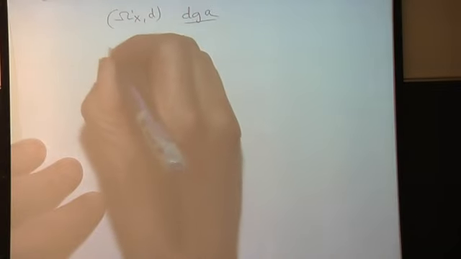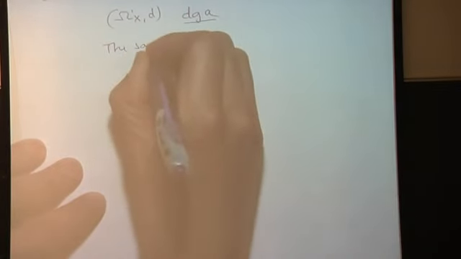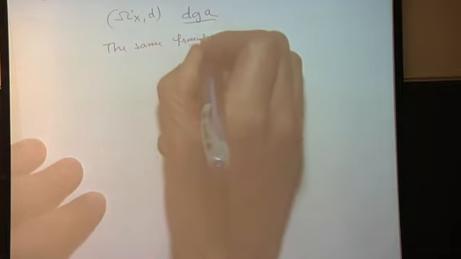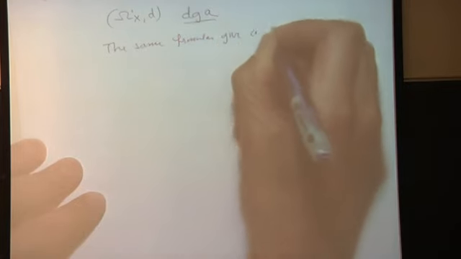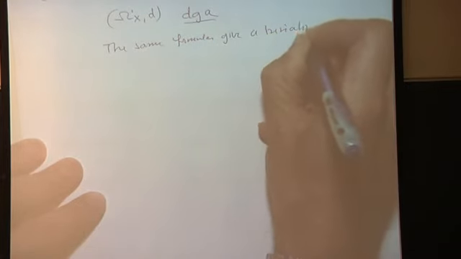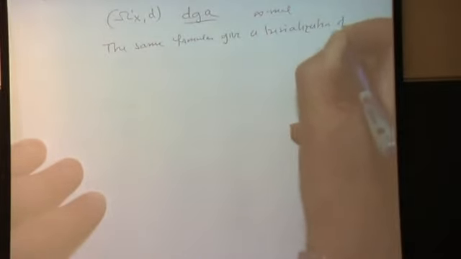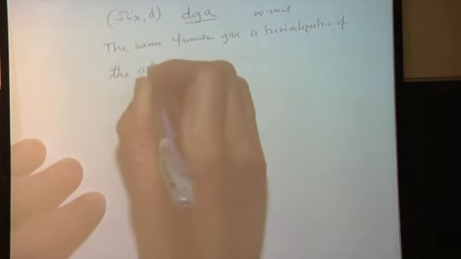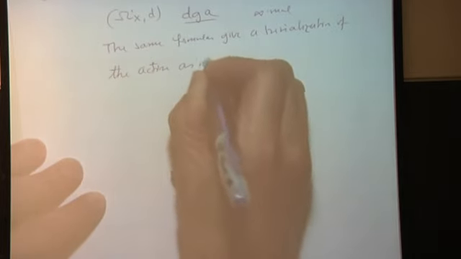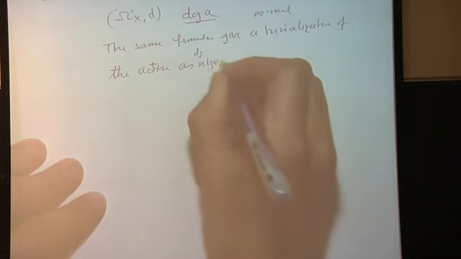And G acts as before, so the same formulas give a trivialization of the action in the sense of algebra, an infinitesimal trivialization of the action, as DG algebra actions.